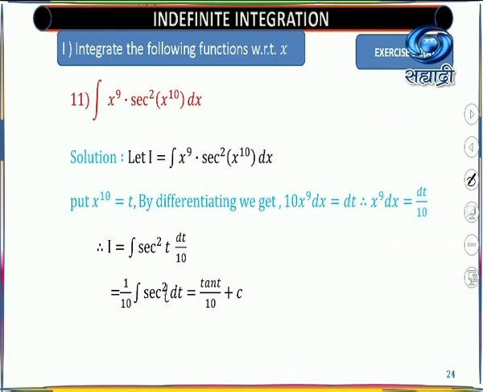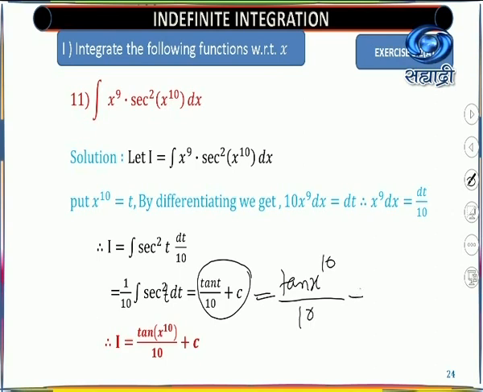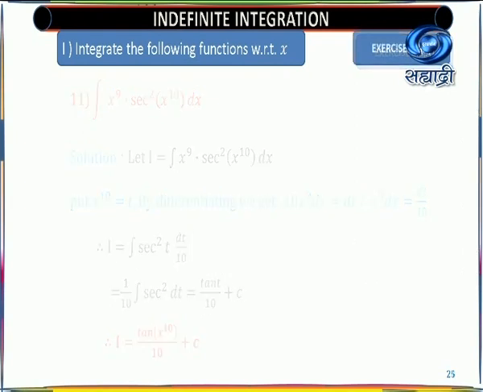Integral of sec square t dt is tan t, and 10 you already have, plus constant of integration. But resubstitute the value. So you will get tan of x raised to 10 upon 10 plus constant of integration. This is the complete angle x raised to 10. Okay, so this completed your 11th question.